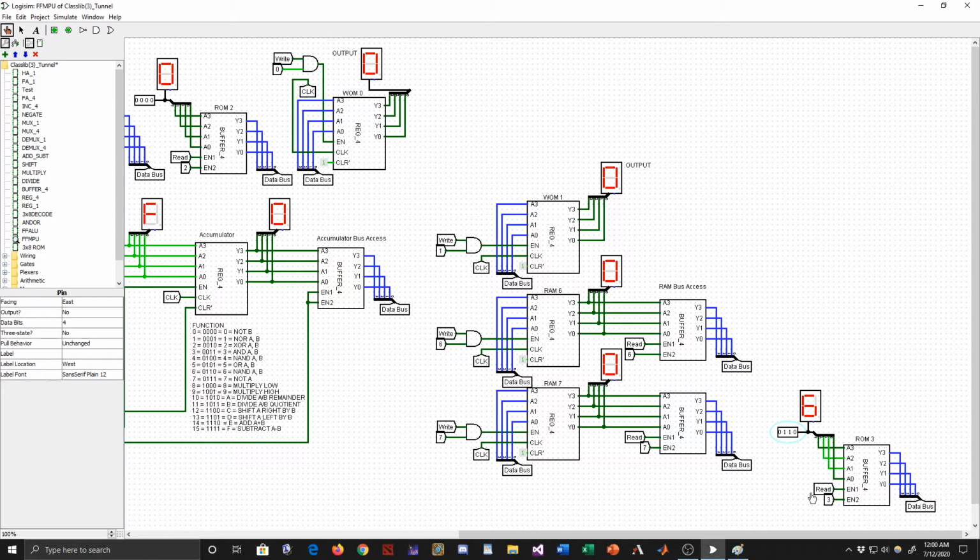And then when it is told that we want to read and our address is pointing to address 3, that's why this is labeled as ROM 3. If we activate both of these lines, this buffer is going to allow the contents of the ROM over here to be passed onto the data bus. And we'll talk about the data bus in a little bit, but it is a thing where data can be put onto it so that other things can look at it and do things with it later.